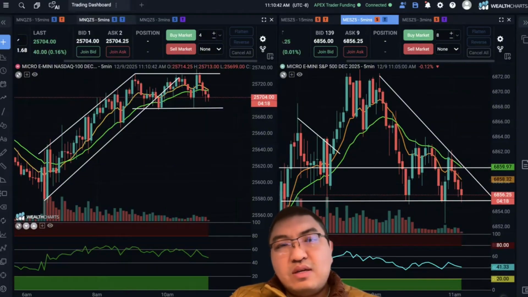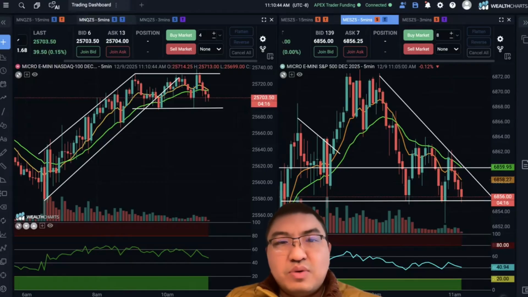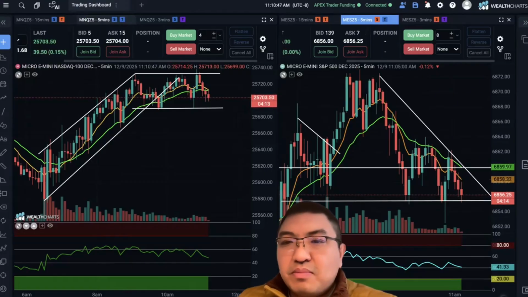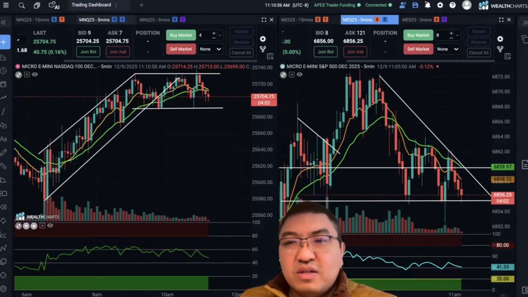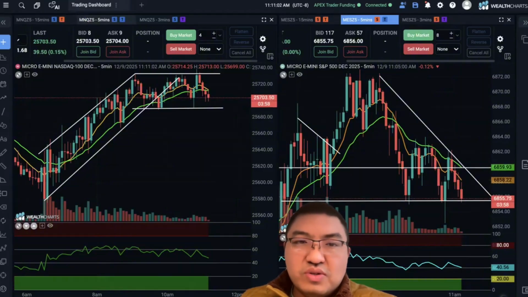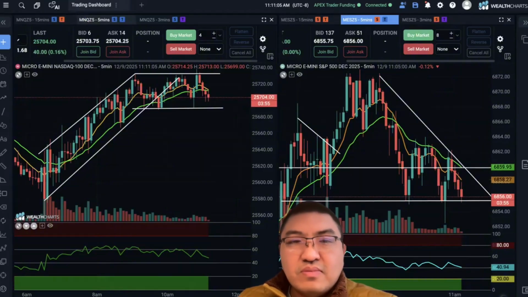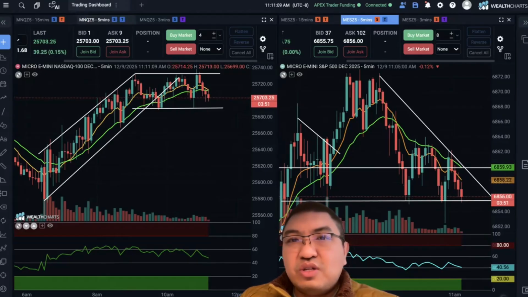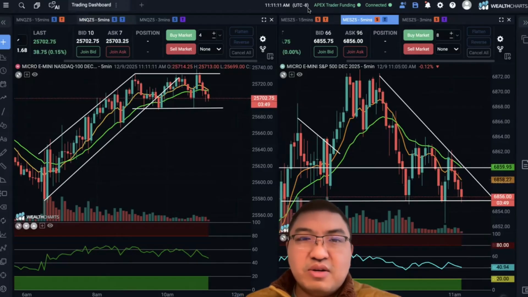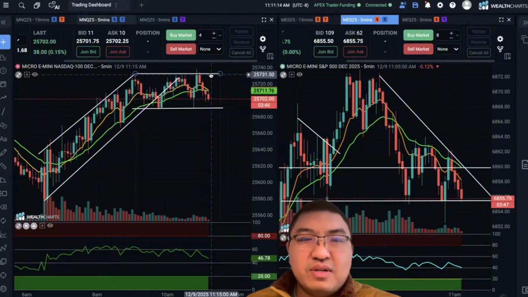It looks like EMA 9 is trying to cross EMA 21 at this time. For ES, it's already crossed, and the distance just keeps expanding. But for NQ, it's still in the range. This is the most dangerous situation. If you want to go short earlier, go short at the upper bound. That will be safe.